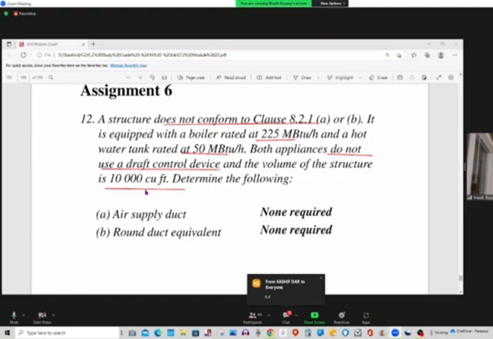That would be 275. Then you look at table 8.4 for 275 and 10,000 cubic feet. Mr. Jamal, put your ruler in front of 275. Then you go from 10,000 up, and you will see zero. That would be zero.